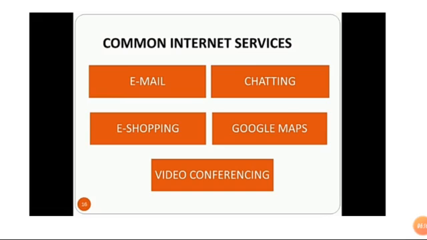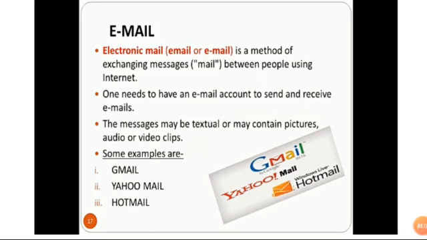Okay, children? Now we will learn in detail about the internet services. First is email. Email is known as electronic mail. It is a method of sending or receiving message using computer that has an internet connection.